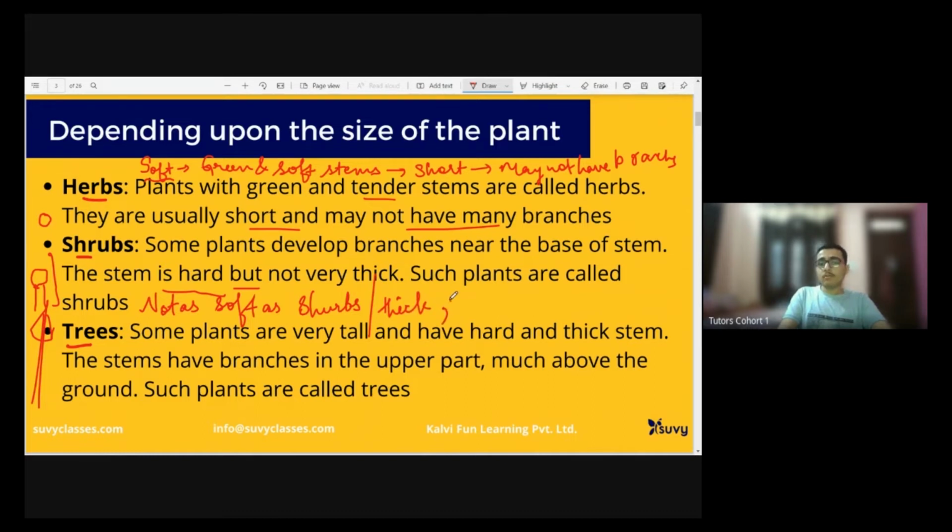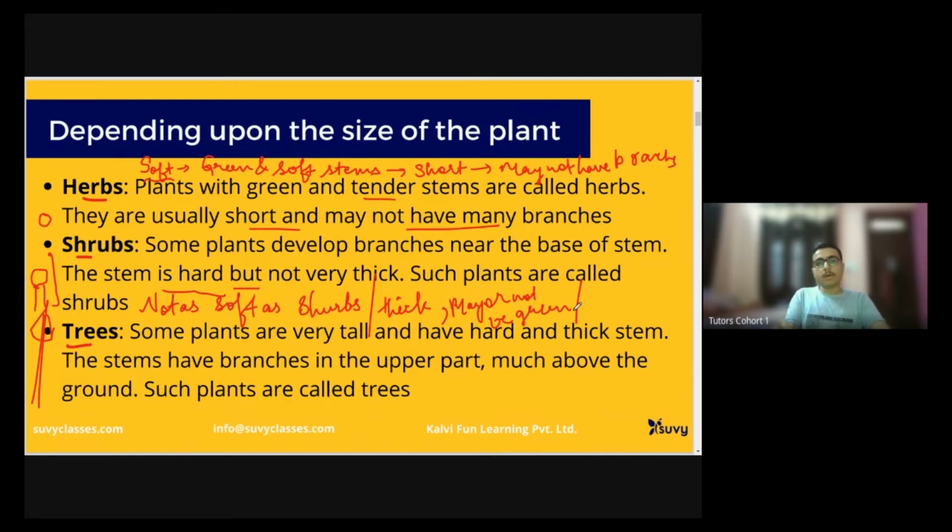The stem may be brown, may or may not be green. If I talk about a plant like the rose plant, its stem is woody, it's not green.